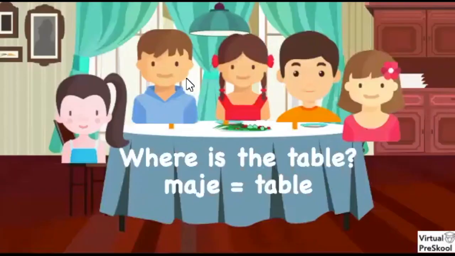Where is the table? What's the subject? It's table, right? Table is our subject. So that's going to be the first word in our Hindi sentence. So we say table kahan hai. Now let's replace the word for table with the Hindi word.